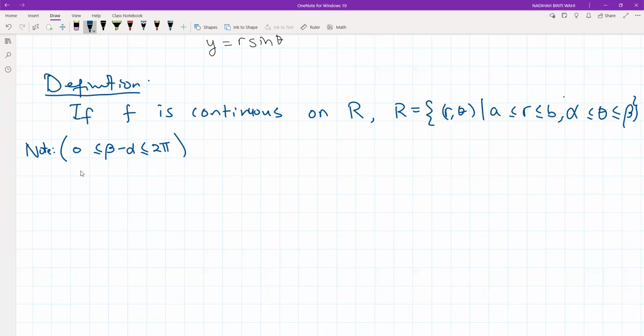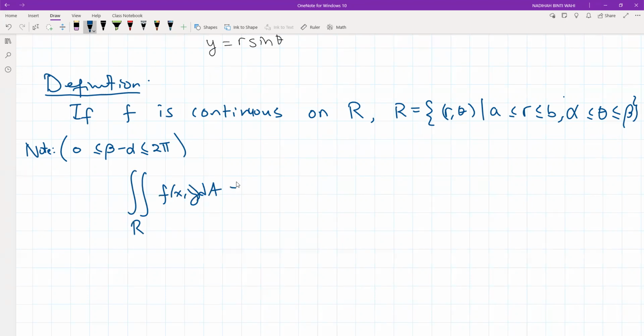Sebab dia bukan yang macam kita rotate Q1, Q2, Q3, Q4 tu sekali saja.